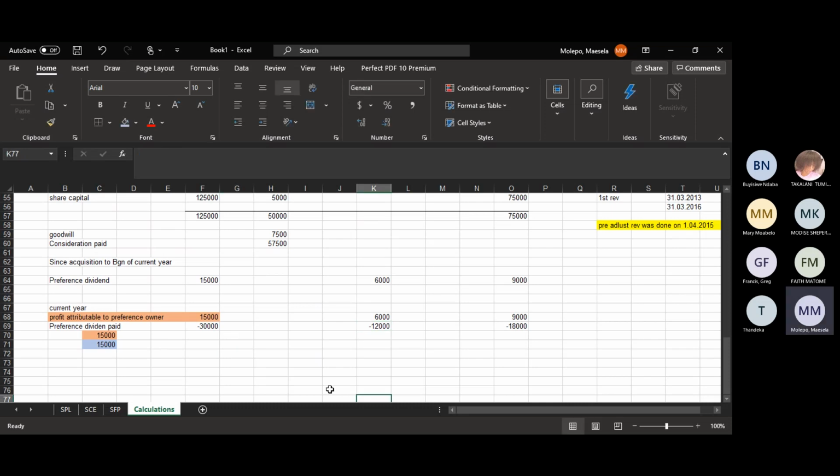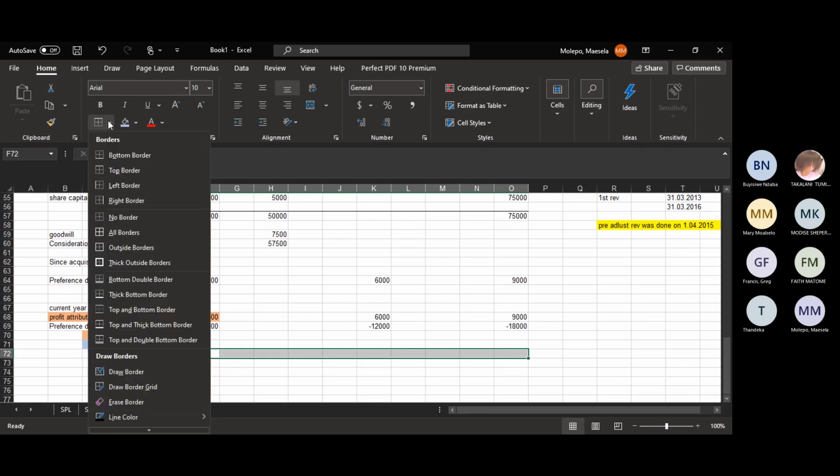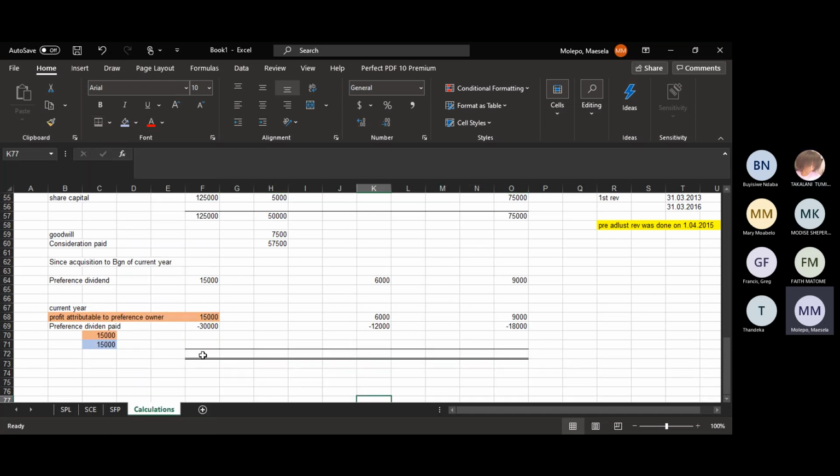So far, are we all happy? Yes. Especially with regard to the preference things. So when you add them all together, they are going to give you nil.